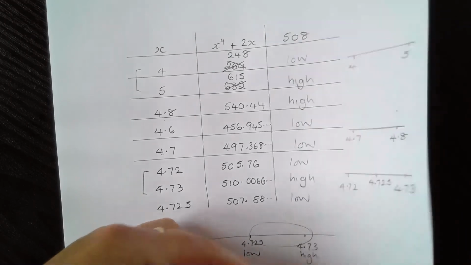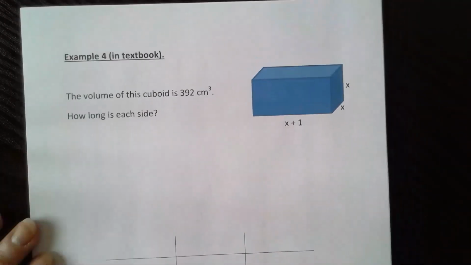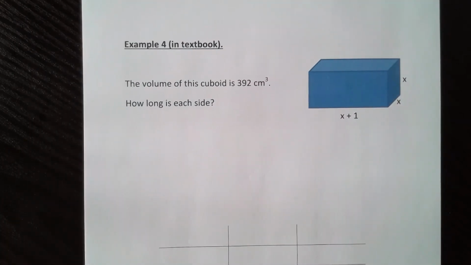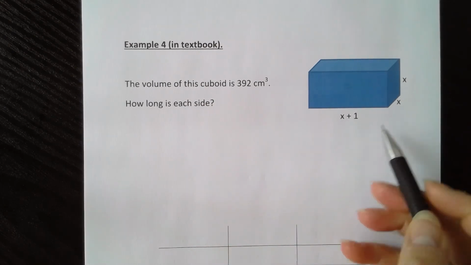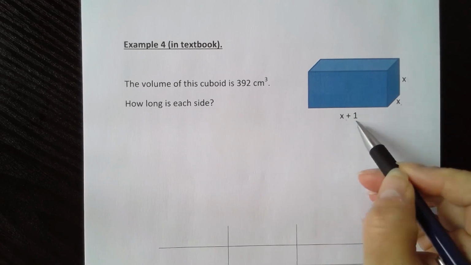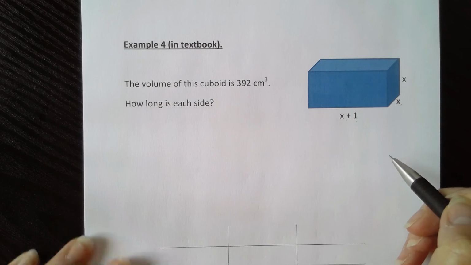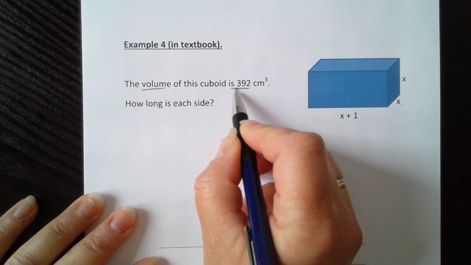Our last example is a problem solving one. So this one is also in the book. So we have our problem solving question here. We've got a cuboid with a volume of 392 and we need to know how long is each side. If I want to work out how long each side is, I need to know the length x. And at the moment, all I've got is the information that the volume is 392.